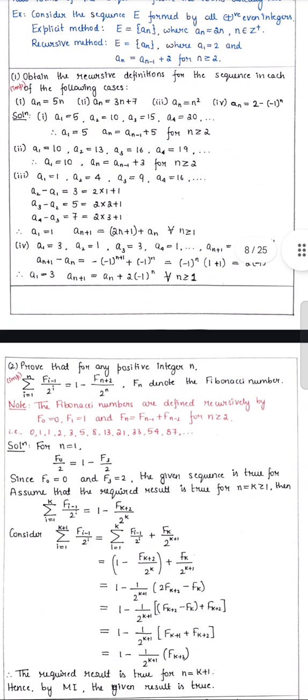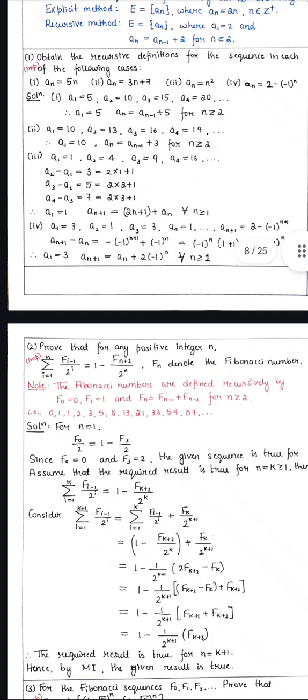Then for this, what you have to do is see how much it is increasing from a1 to a2. It is 3. So an equals an minus 1 plus 3. It is 10, 13, and 13 minus 10 is 3. So we are adding 3 to the previous value, so that we get an.